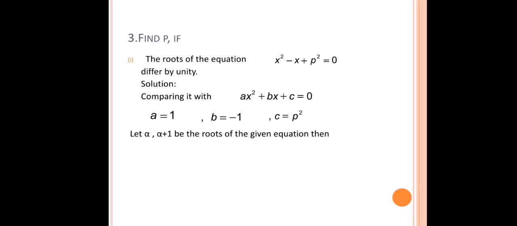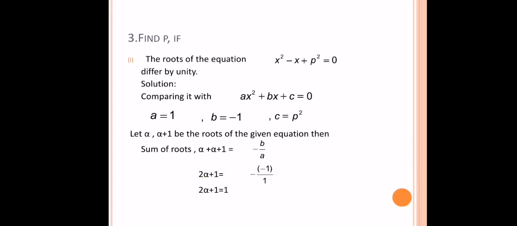So let alpha and alpha plus 1 be the roots of the given equation, then the sum of roots will be alpha plus alpha plus 1, and by the formula we know that the sum of roots is equal to minus b by a. Putting the values, we get 2 alpha plus 1 is equal to minus into minus 1 divided by 1.